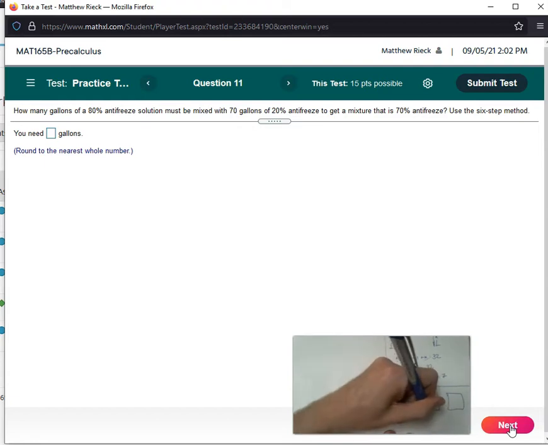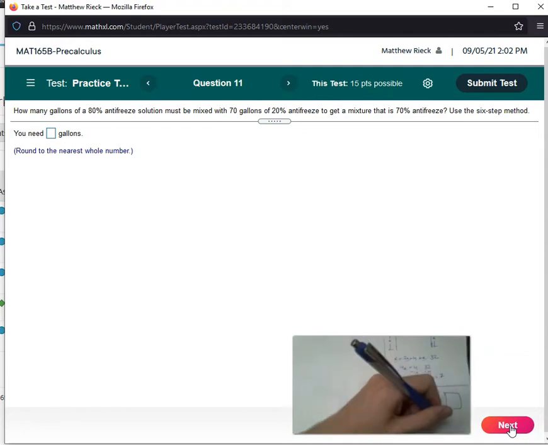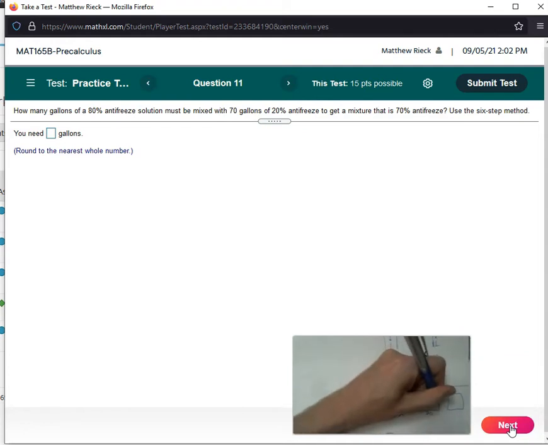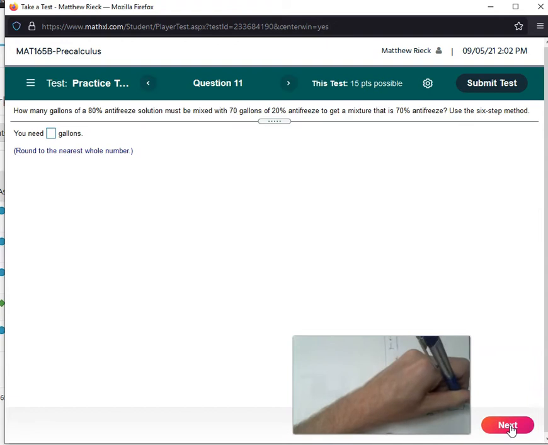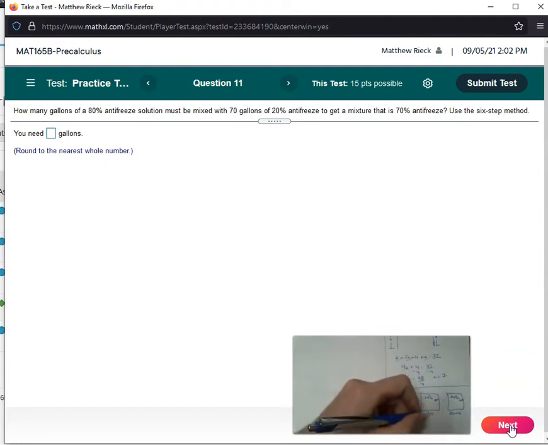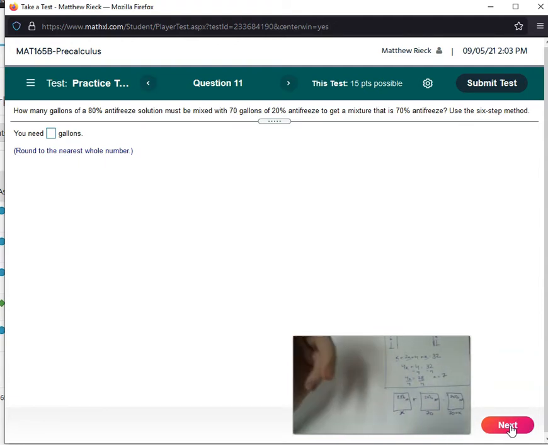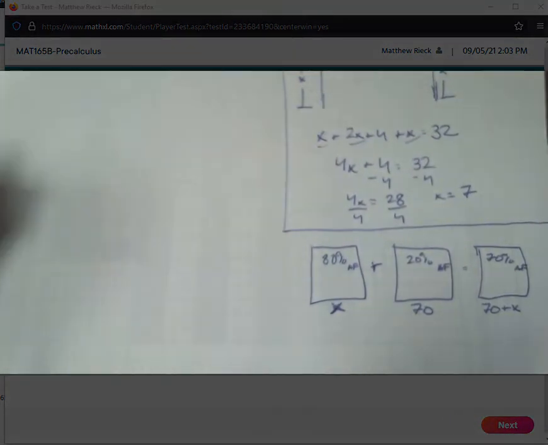We're mixing it with 70 gallons of a 20% antifreeze solution. And we want to end up with a mixture that is 70% antifreeze. The volume for this final mixture is going to be 70 plus x, so it's going to be 70 gallons plus however many gallons we mix in.